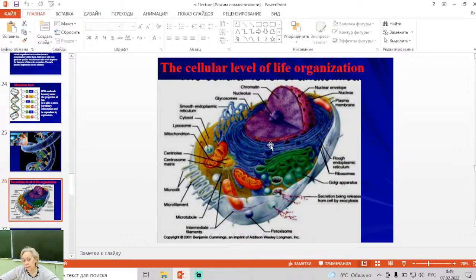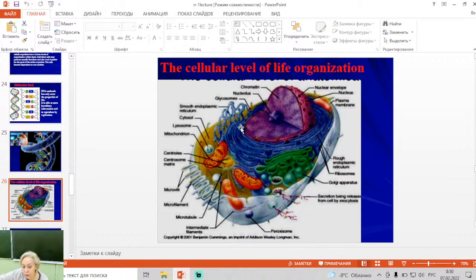Next level, the cellular level of life organization. On this slide, you see the complex structure of the cell. Each cell is surrounded by a plasma membrane. Inside the cell you can see a lot of different organelles.